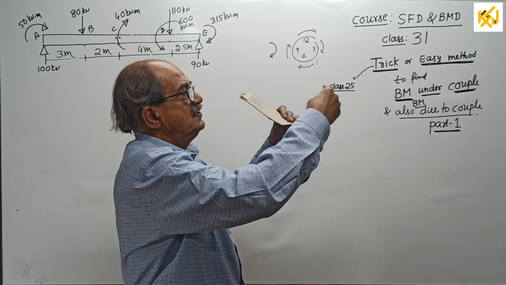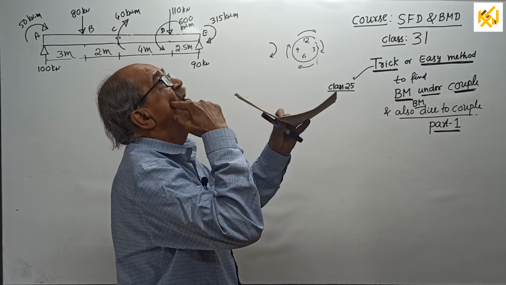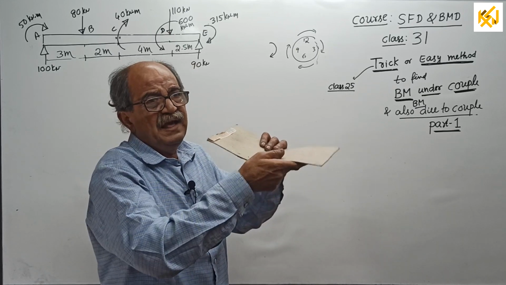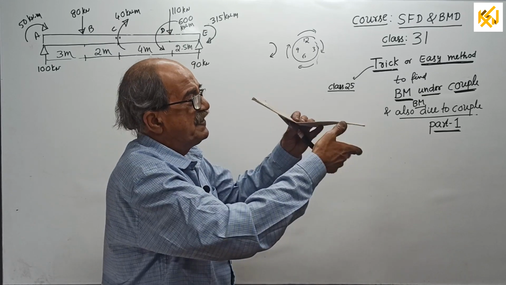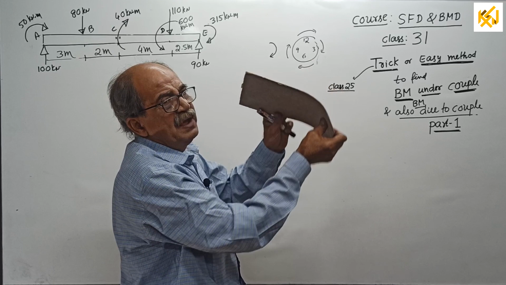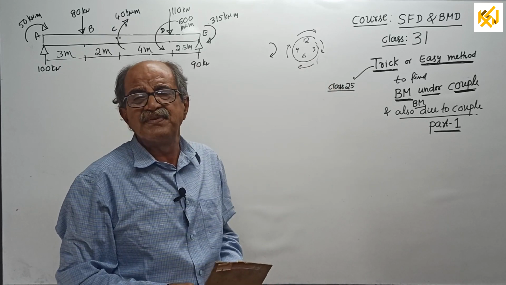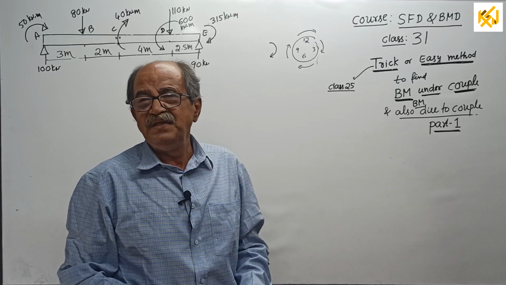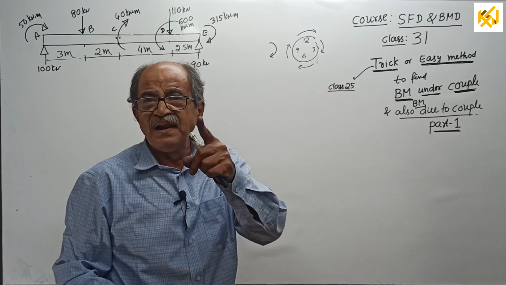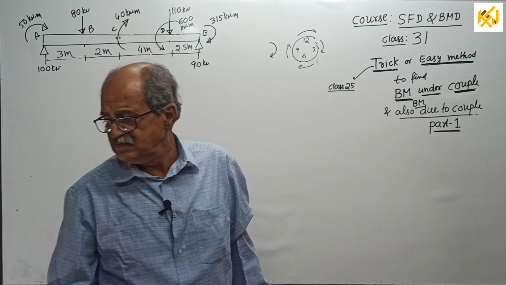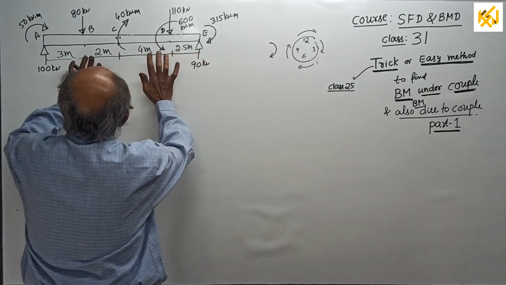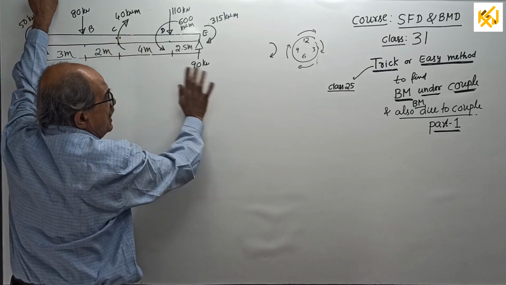Sagging plus, hogging minus. That is correct. Actually, that is a crude method. The correct method is sagging and hogging. But sometimes the crude method helps. I have to tell it because by using the crude method, people learn and then they go for the correct method.